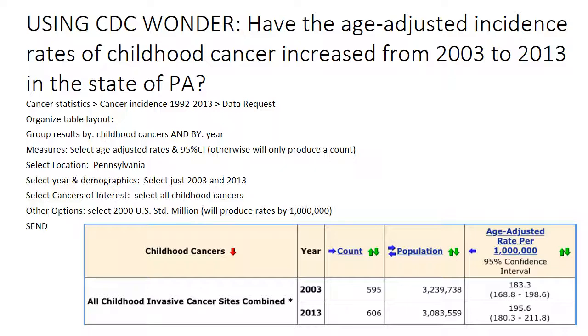And in 2013, the age-adjusted rate was 195.6. So yes, the age-adjusted incidence rate of childhood cancer has increased from 2003 to 2013 in Pennsylvania.